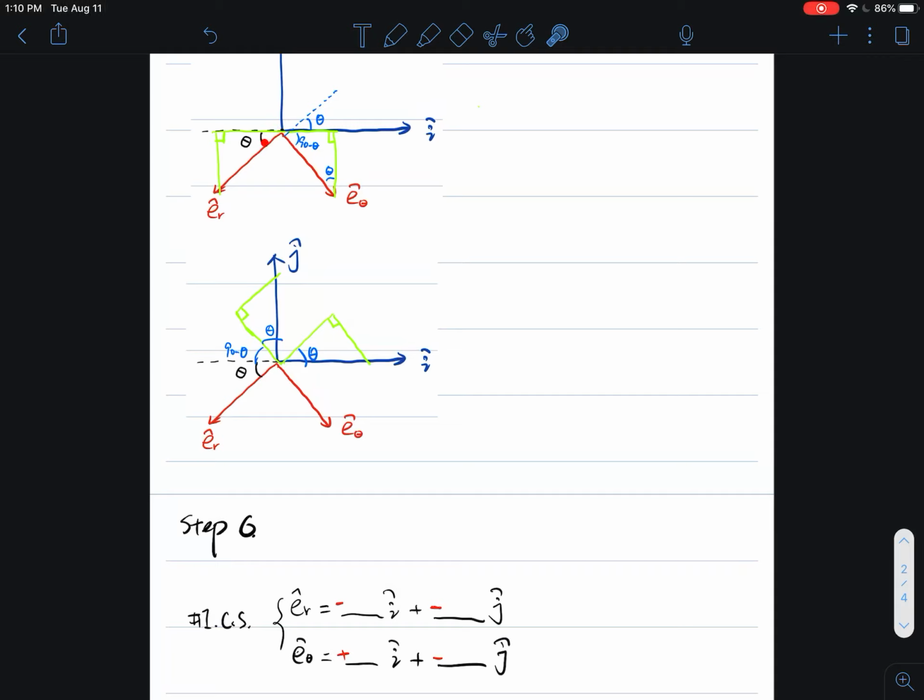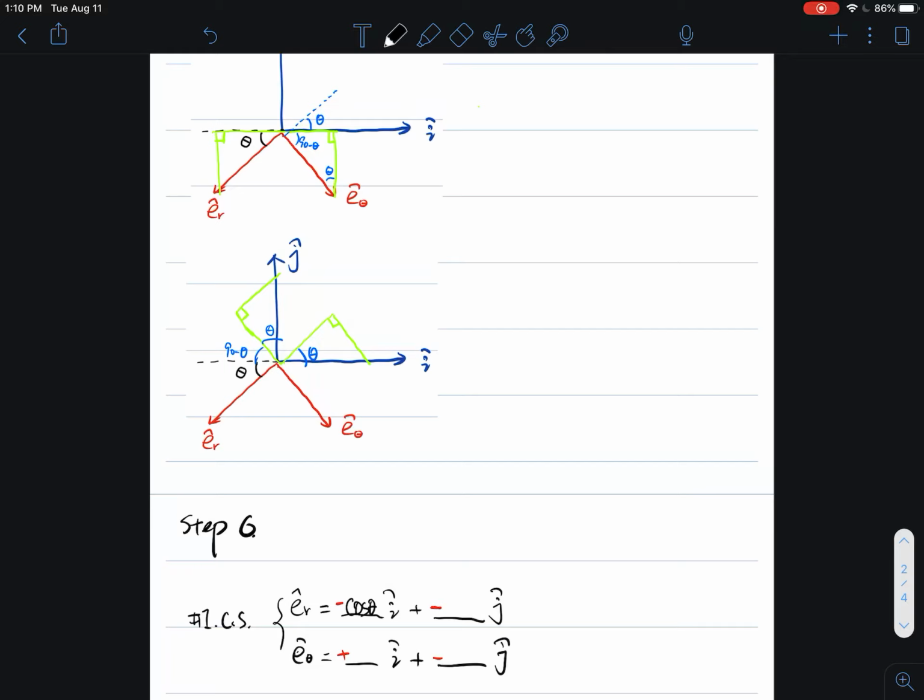Would you use sine or cosine? Since it involves this edge and this hypotenuse, you probably want to use cosine, right? So the first blank we're gonna have is cosine theta. That's it. You don't have to worry about the signs because we did that in step 3.